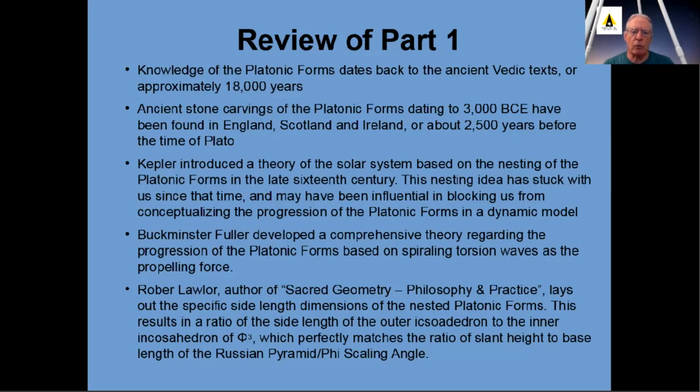And that results in a ratio of side length of the outer icosahedron to the inner icosahedron of phi cubed, which happens to perfectly match the ratio of the slant height to base length of the Russian pyramid, the Phi scaling angle, and the torus. So we knew that that relationship existed, and that's where we stopped at the end of part one. And so I wanted to stop there.